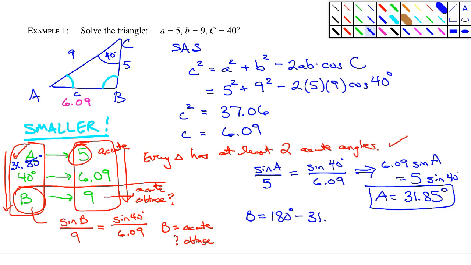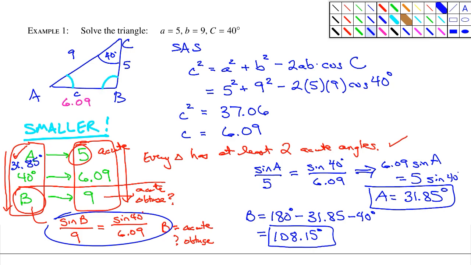So 180 minus 31.85 minus 40 degrees is equal to 108.15. So it was, in fact, an obtuse angle. And had we done this law of sines stuff, we would not have figured that out. So make sure you go for the smaller angle on these law of cosines problems.